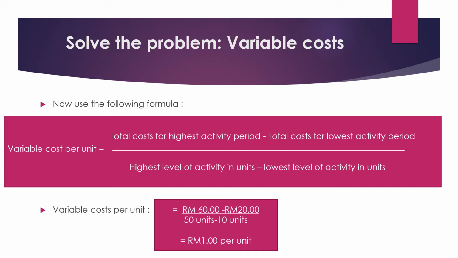So in this question, variable cost per unit equals RM60, the highest, minus RM20, the lowest, divided by 50 units, highest, minus 10 units, lowest. So 60 ringgit minus 20 ringgit divided by 50 units minus 10 units equals 1 ringgit per unit. 1 ringgit per unit is the answer for the variable cost per unit.